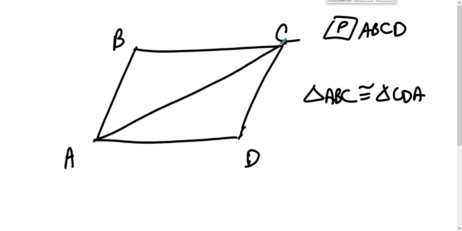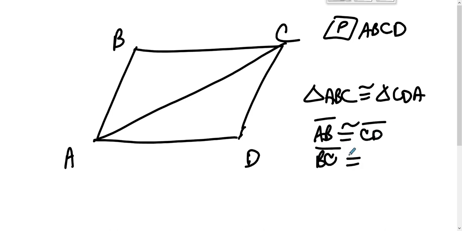You can draw a diagonal and break the parallelogram up into two congruent triangles. It is true that AB is congruent to CD and BC is congruent to AD. That's a strictly Euclidean result. It's not neutral. It's a strictly Euclidean result.